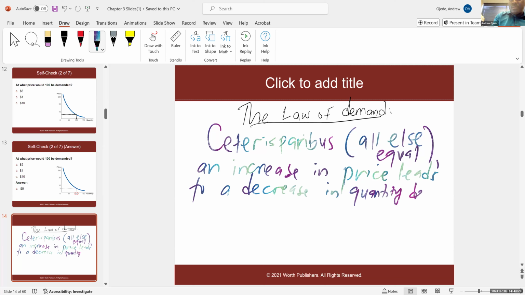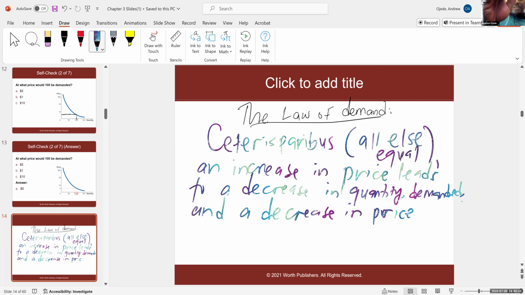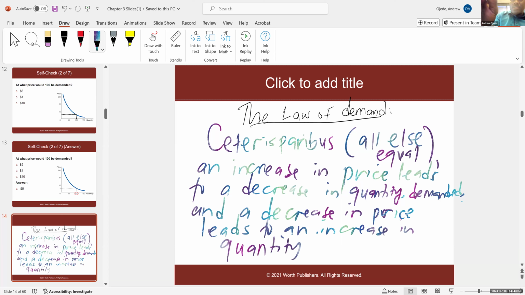And vice versa, a decrease in price leads to an increase in quantity demanded. That's the reason why the demand curve slopes downwards, because of the law of demand.